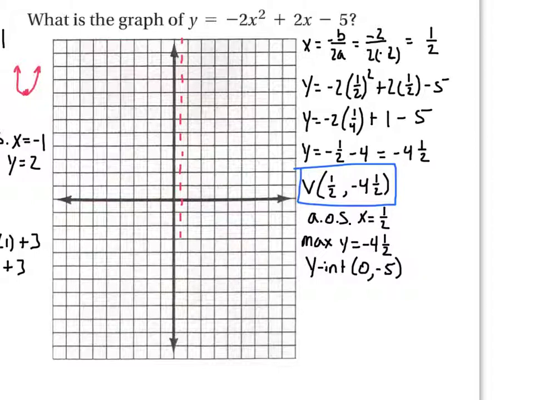Again, just because we have fractions does not mean we change anything in how we do this. Our vertex is at (1/2, -4.5). So I go down 4.5. Brings me to a point right about there.